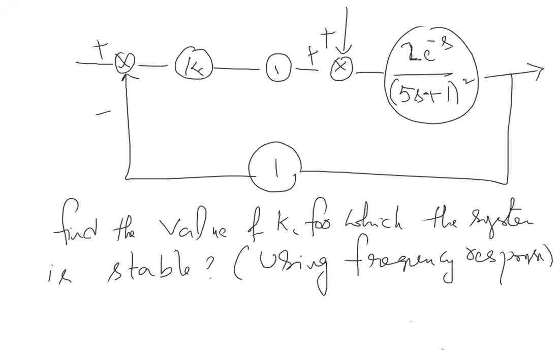Basically route criterion might be challenging here because you have 2 e power minus s. Here you can use only frequency response mostly.